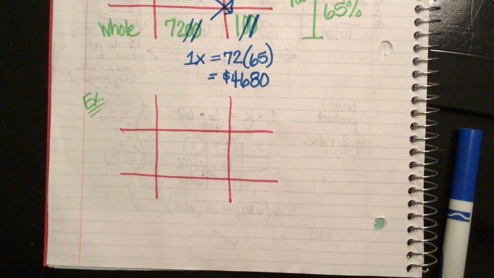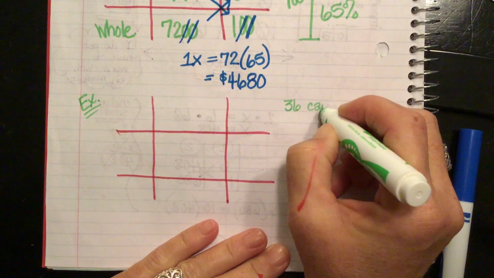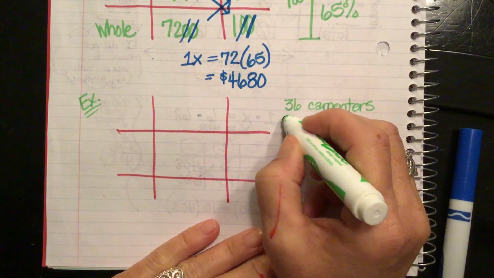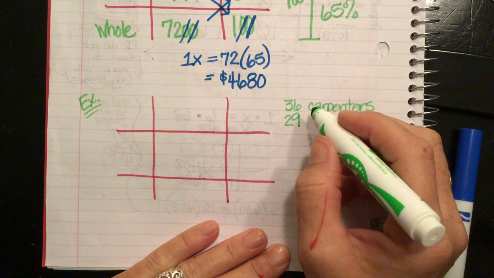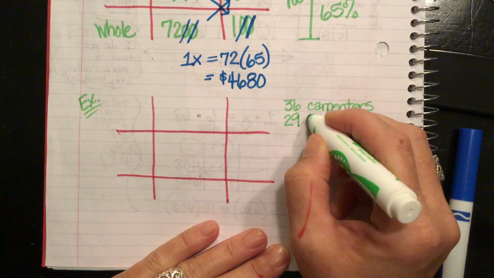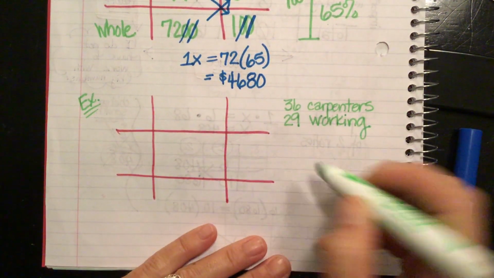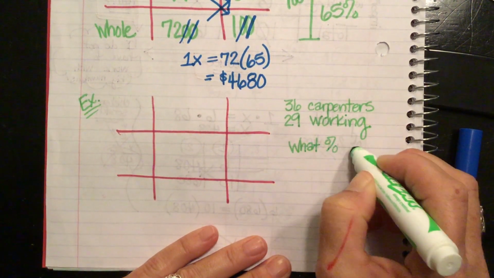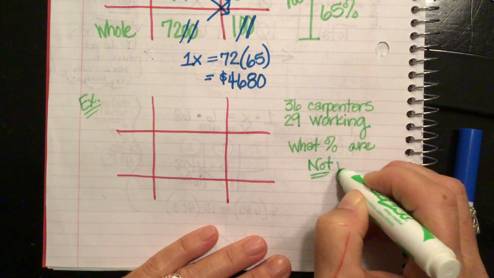Let's say we have 36 carpenters. 29 are working. So my question is what percent are not working?